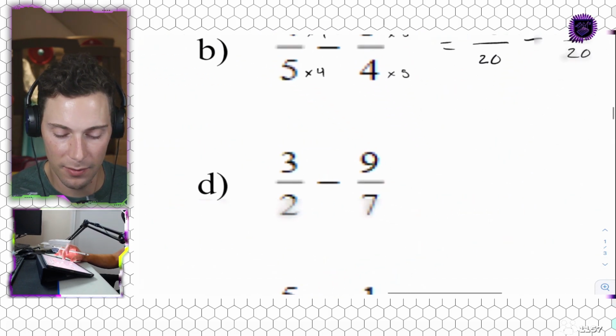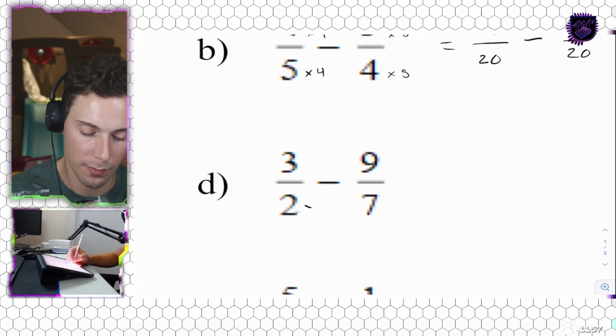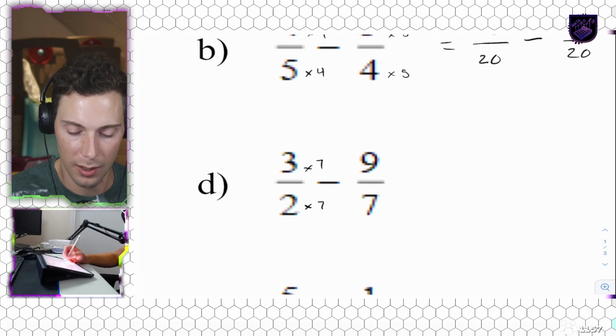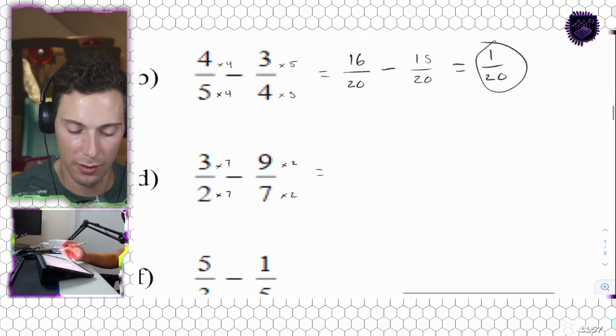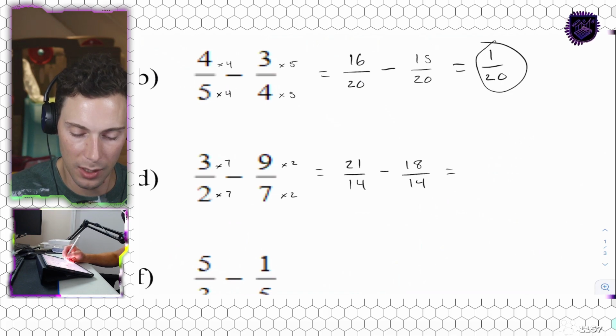2 and 7, they are going to multiply together to get the lowest common denominator. And times 2, times 2. This is going to equal an equivalent fraction of 21/14 minus 18/14, which will be equal to 3/14.